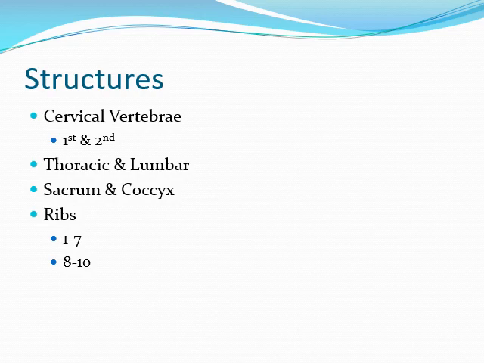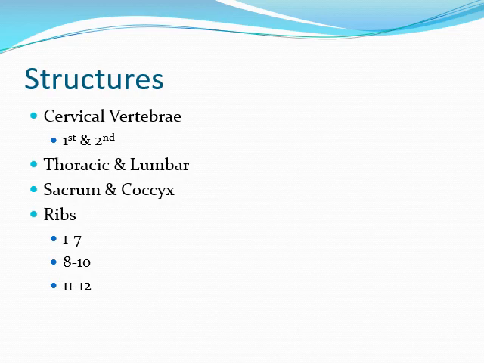They're known as the false ribs. So they don't have a direct attachment to the sternum. They do attach to the sternum, but they attach through a broad cartilaginous portion that then makes the articulation with the sternum. And then ribs 11 through 12 are floating ribs. They have no attachment to the sternum.